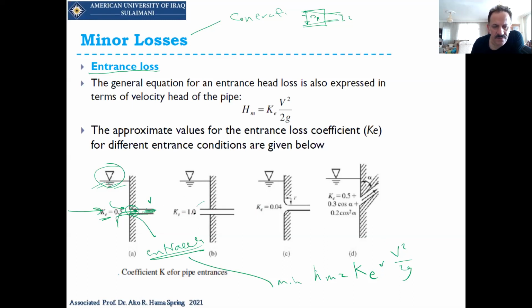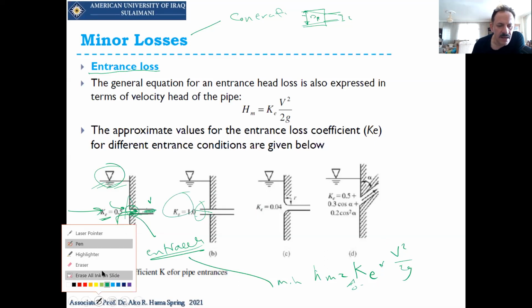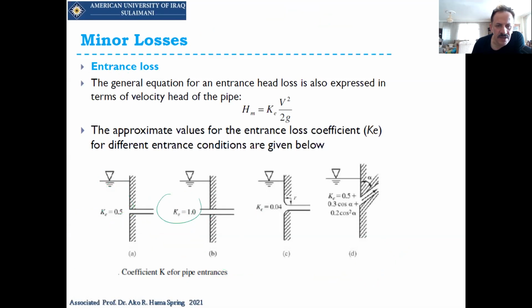If the pipe is just linked to the wall of this reservoir, this K is equal to 0.5. If the pipe extends inside the tank, the KE will be 1. The greater the KE, the more head losses.